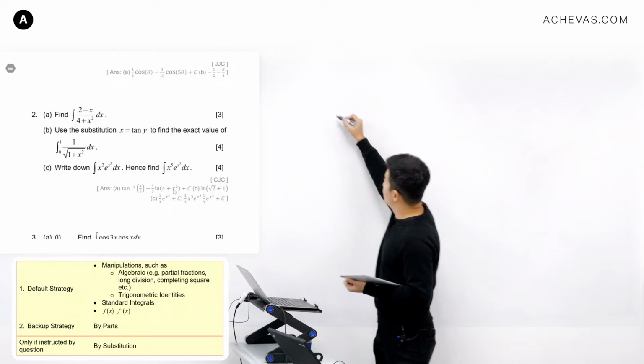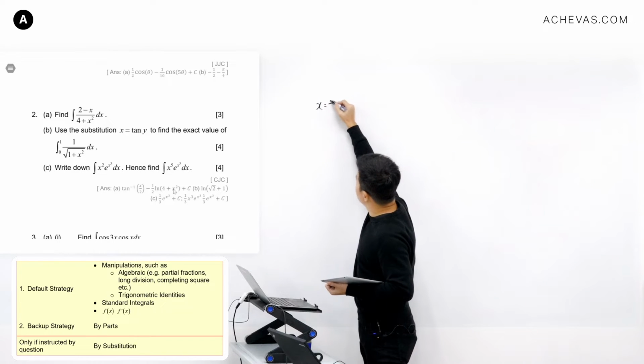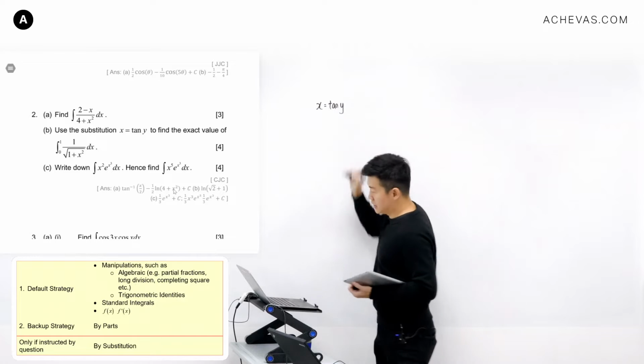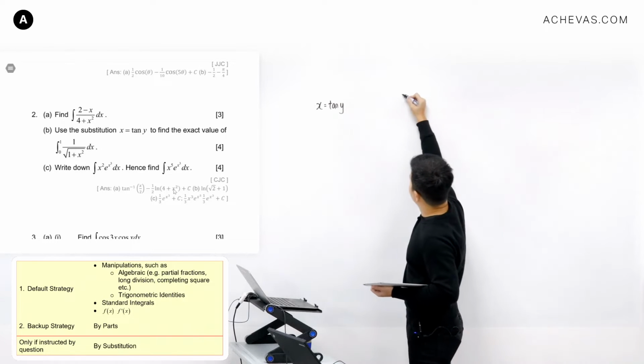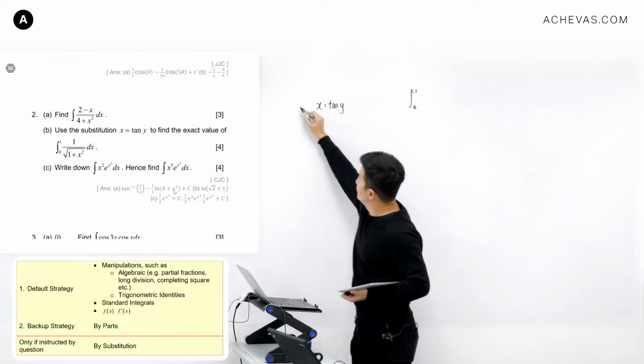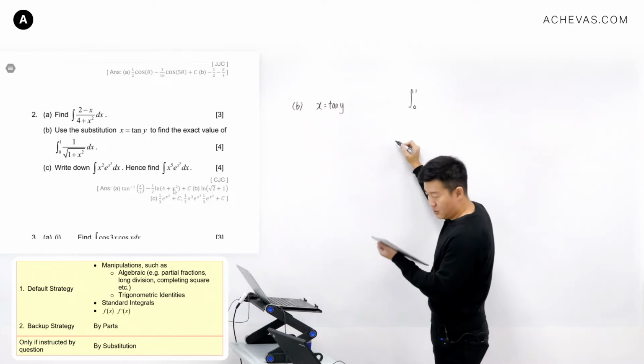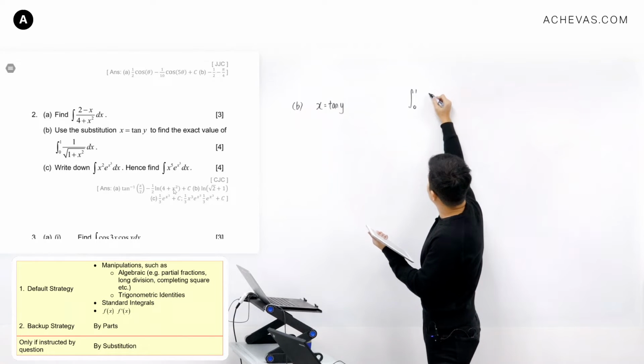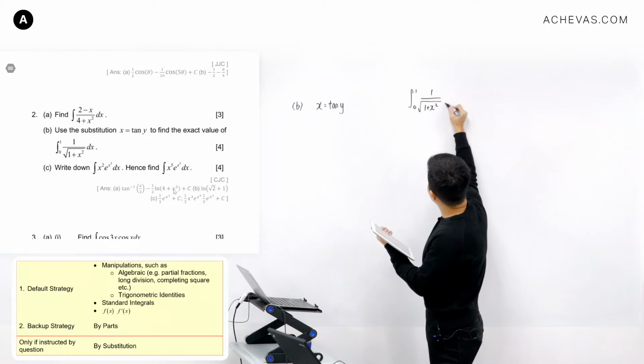So for part B, we are supposed to substitute using this equation here, and we are supposed to be integrating from 0 to 1 of 1 over square root of 1 plus x squared.